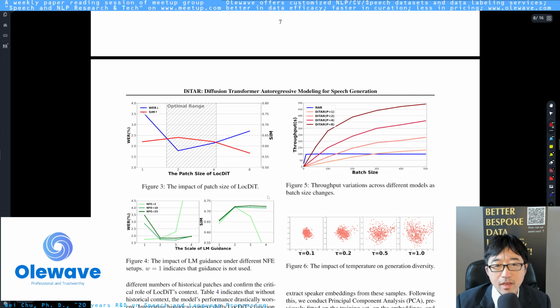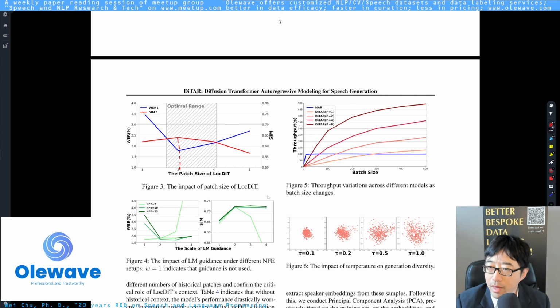Is it good to have a patch size of 1 or a patch size of 8? They tell you that if you want the similarity to be as high as possible and the WER to be as low as possible, you should pick a patch size of 2, which is kind of interesting.